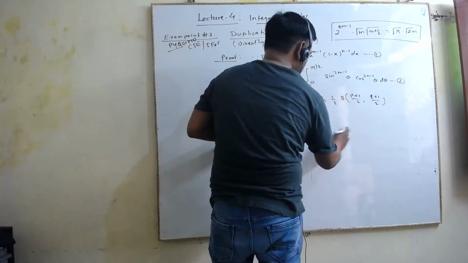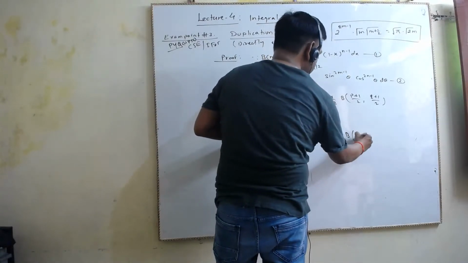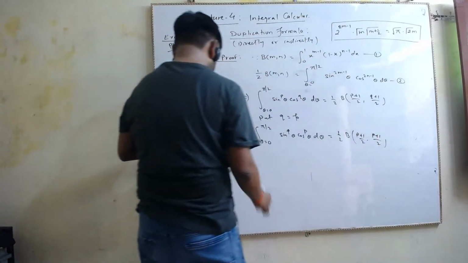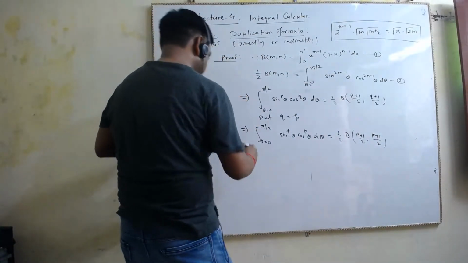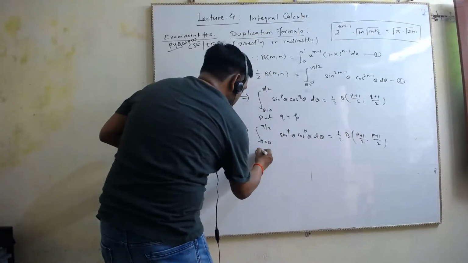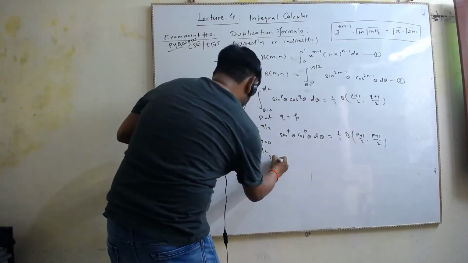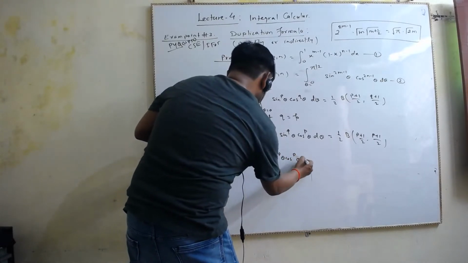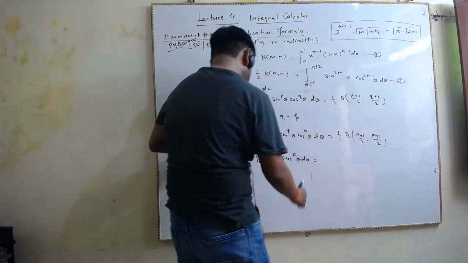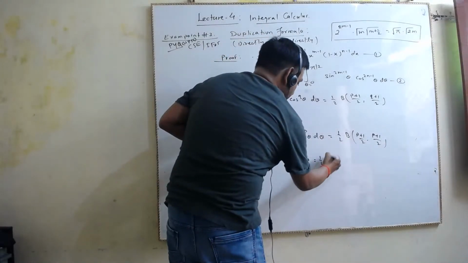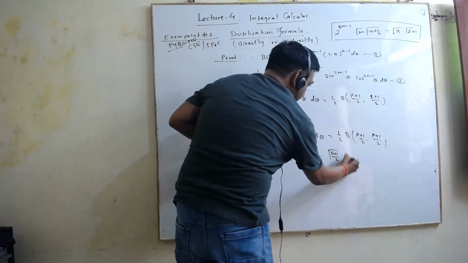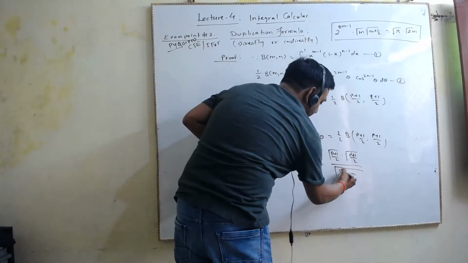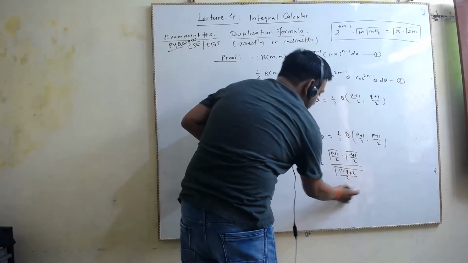This will become 1 upon 2 beta p plus half and p plus half, right? चले, so this implies we have 0 to pi by 2 sin का पावर p theta cos का पावर p theta d theta equals, if I use this relation here, 1 by 2 gamma p plus half gamma p plus 1 by 2 divided by p plus q plus 2 by 2, right?